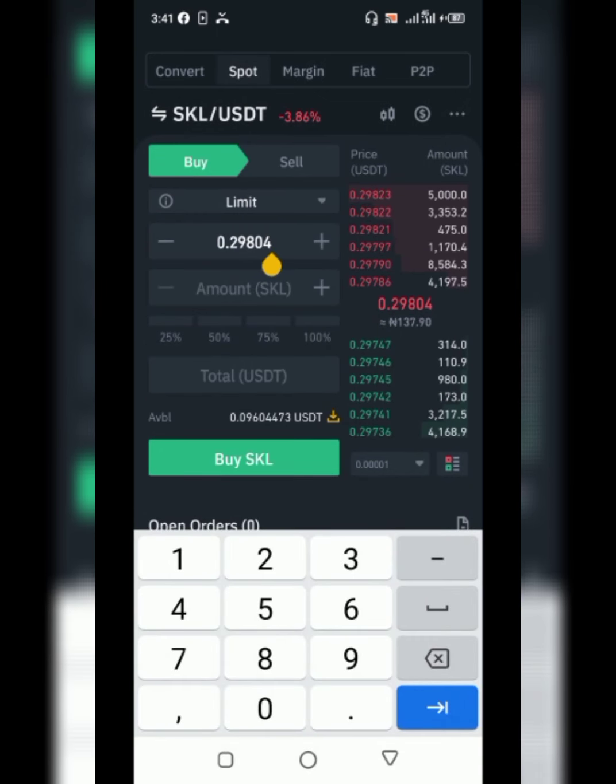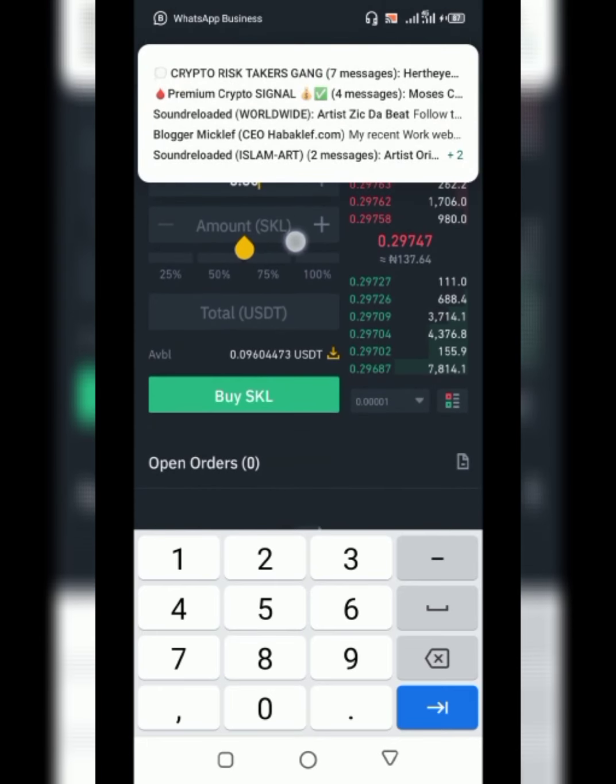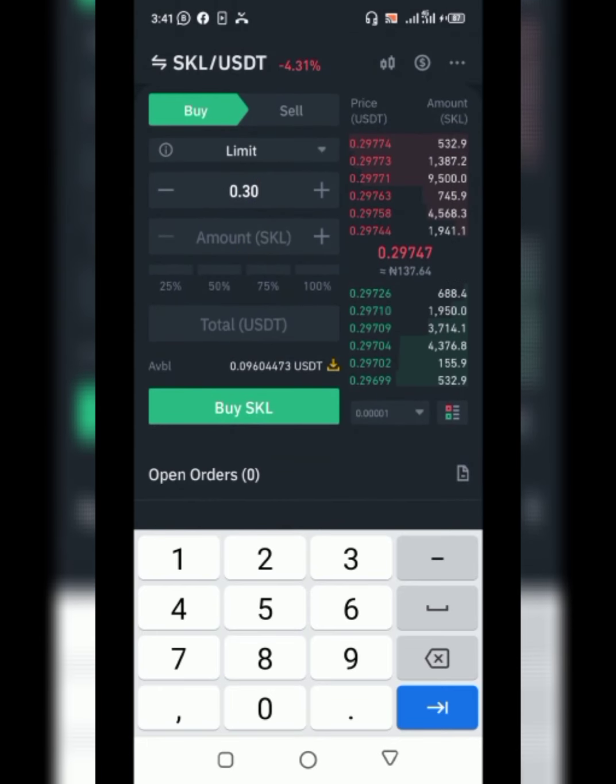You set here as 0.30 that you receive as the signal. This space you are seeing is telling you about the amount of SKL you will buy with your trading fee you select below, with that current limit price that you set.